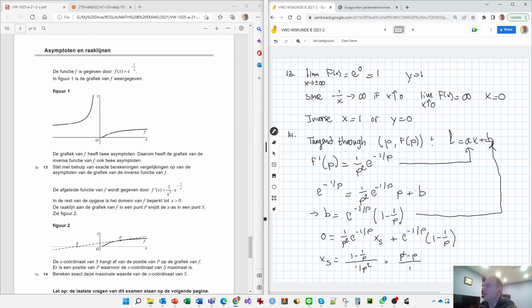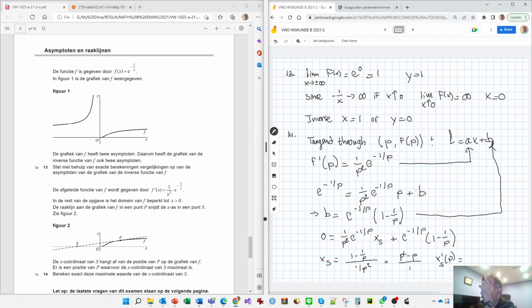And this is supposed to have a maximum. That makes sense. What is the maximum of this, or the extreme? We have to figure out that it's a maximum. That happens when, if I write x as a function of p, so basically x prime of the x coordinate of point S, that derivative has to be 0.